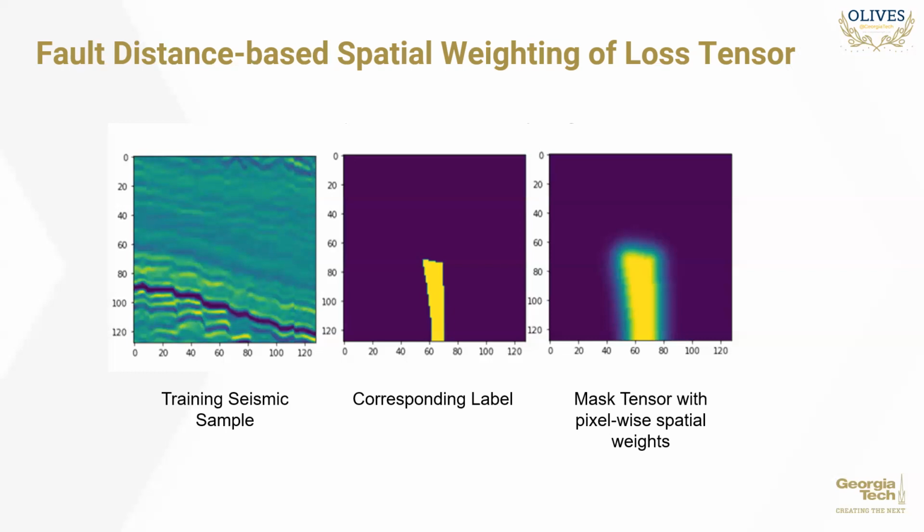So if there is a pixel value that is closer to the annotated fault, it would be weighed higher in the loss function, versus if there is a pixel value that is further away from the annotated fault, it would be weighed less in the loss function. So in this fashion, we are trying to maximize the contribution to the loss function from the pixels that we think are accurately labeled by the interpreter, and minimize the contribution from the pixels where we think there is more uncertainty present.